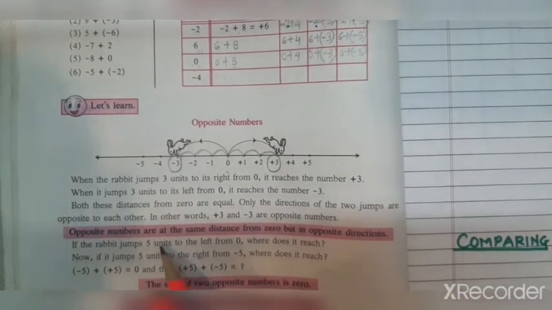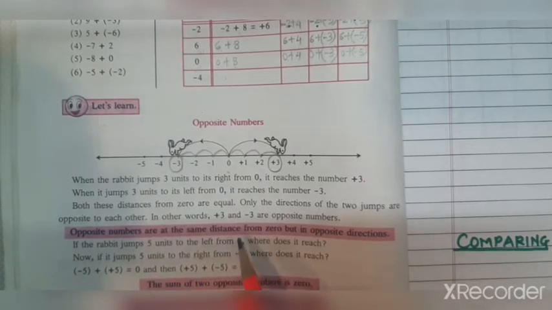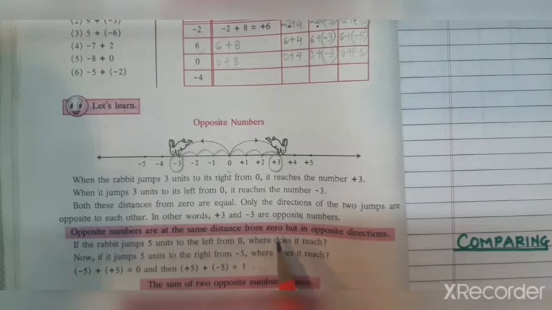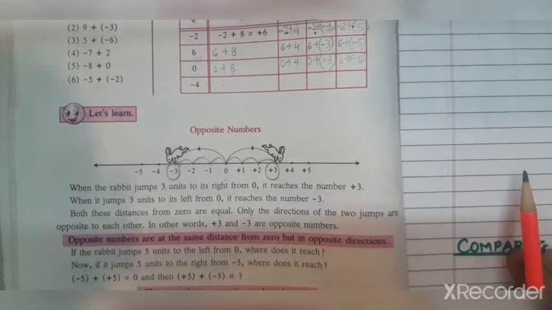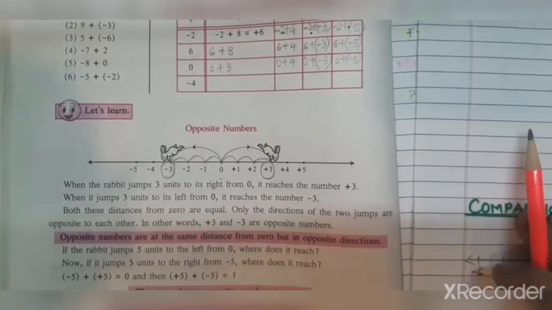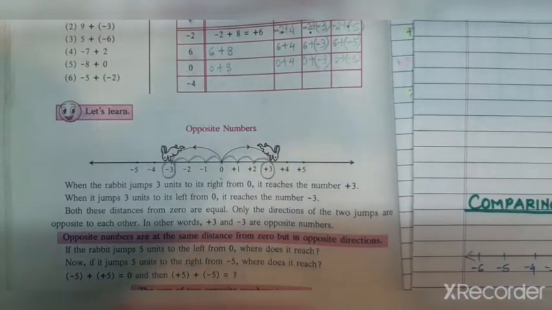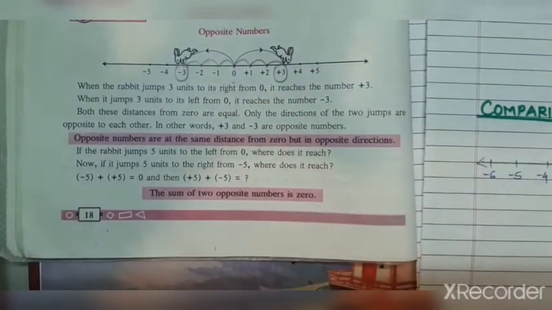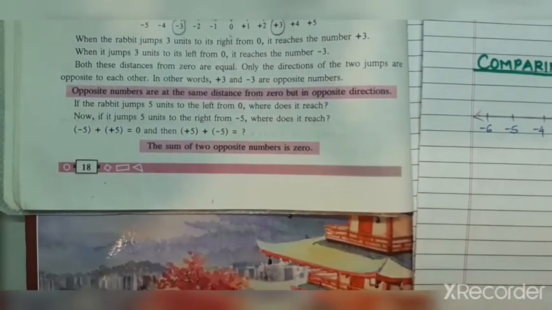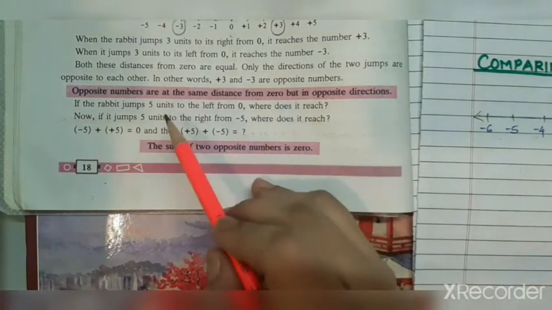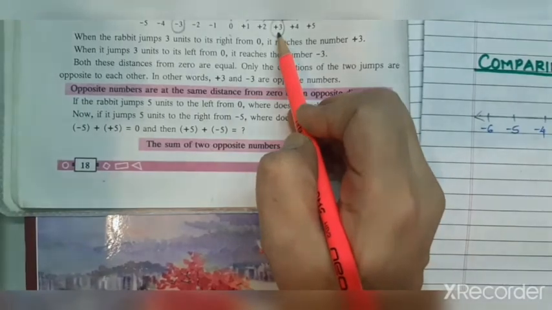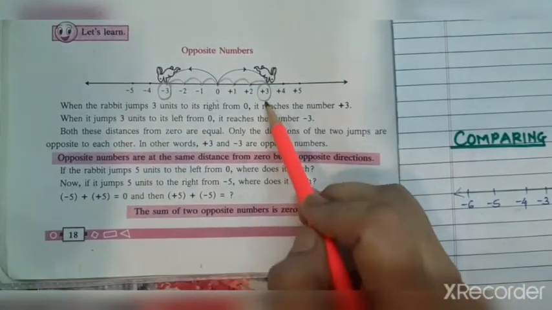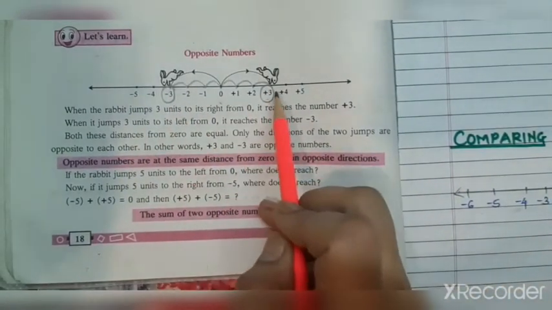Opposite numbers are at the same distance from 0 but in opposite direction. Okay, so you will see here that opposite numbers are nothing but the numbers at the same distance from 0. So you will see here positive 3 and negative 3 are at the same distance from 0.